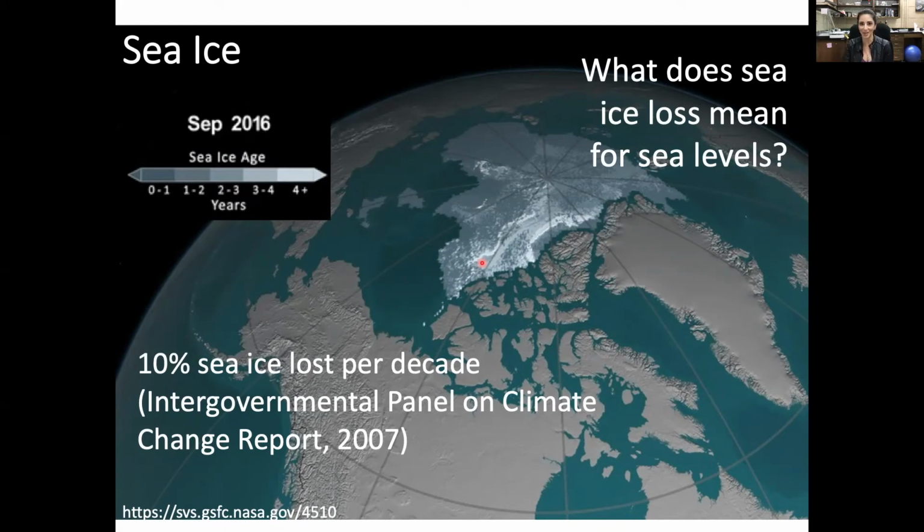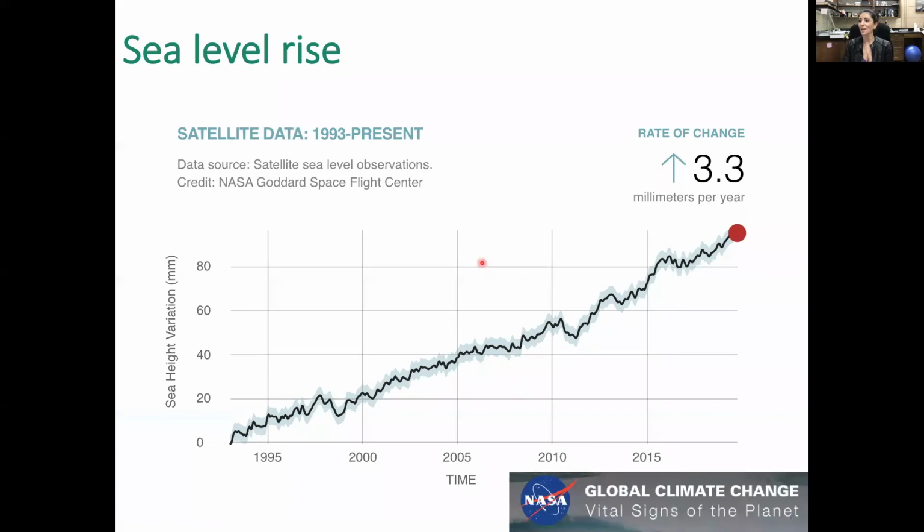The water has to go someplace after it melts. We're seeing sea level rise. And so here we have satellite data from the year 1993 to present. And this shows the height of sea level variation in millimeters per year. And we notice that we're seeing a rate of change of about 3.3 millimeters per year.